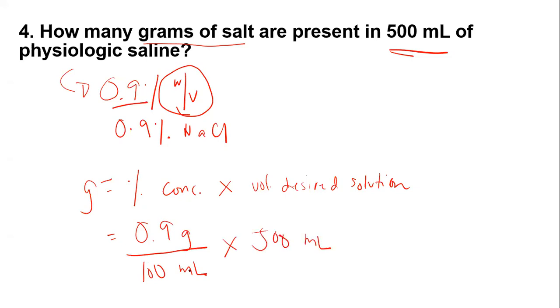Okay? Now you cancel the units. Cancel mL, and only grams remains. Then you use your calculator: 0.9 divided by 100 times 500. And what is our answer?